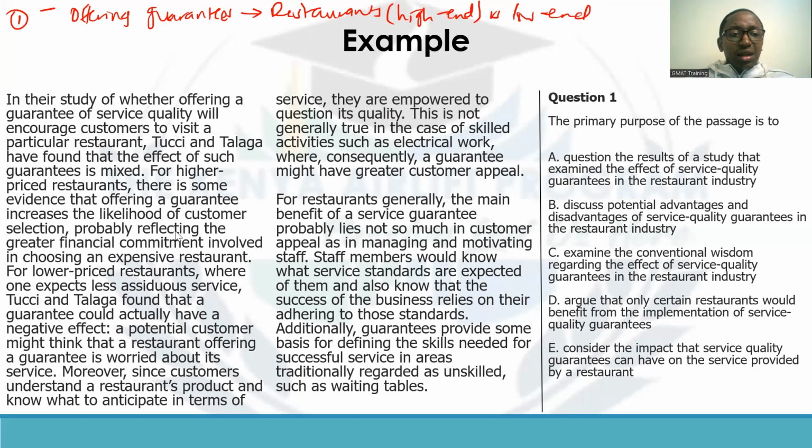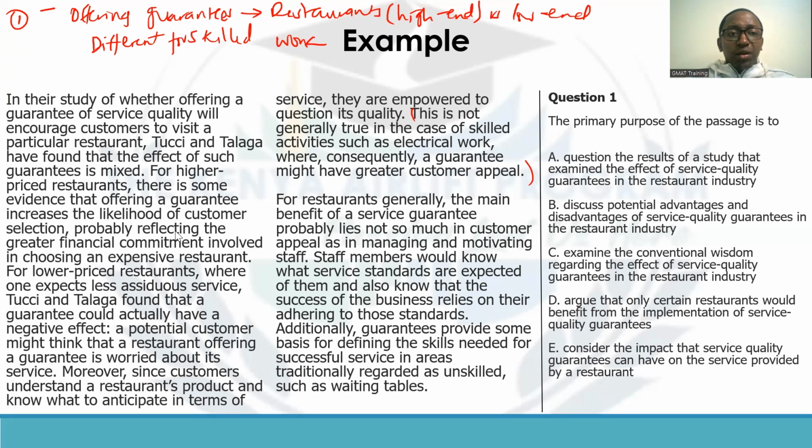So it just lists out how guarantees affect the customer perception of high-end restaurants versus low-end restaurants. And then here at the end, it says that this is often different for skilled work.